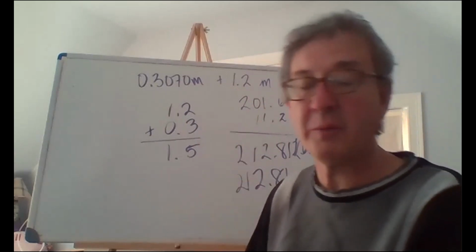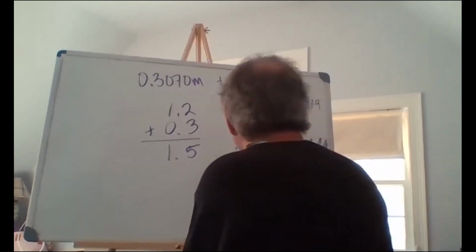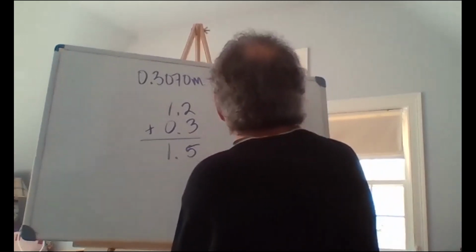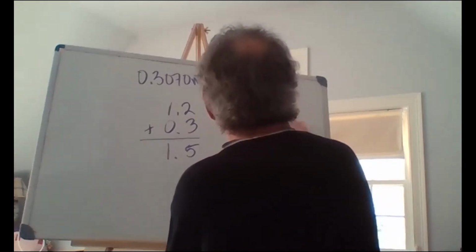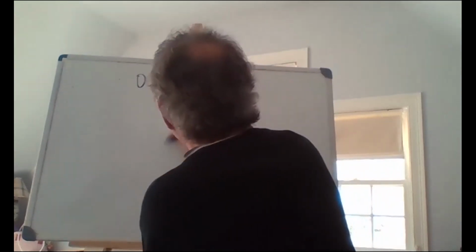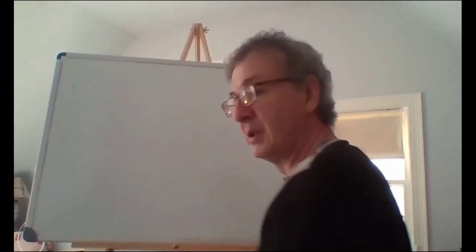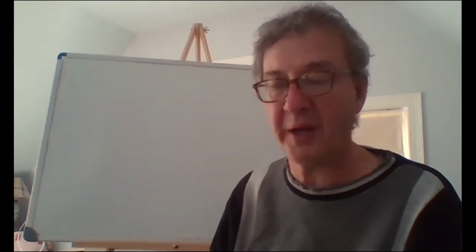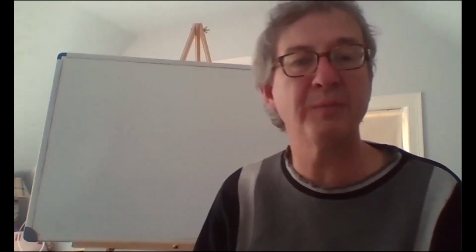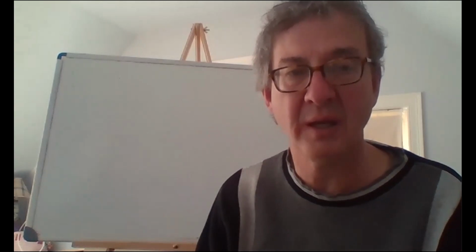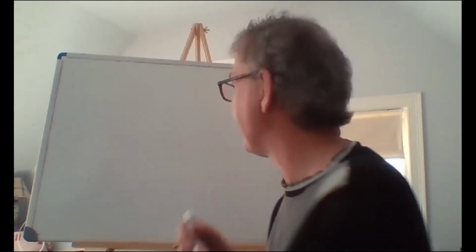Now it's easier when you multiply or divide. And this is nice because when you multiply or divide, the rules make sense. The rule is you can only have as many significant figures as your least number of significant figures, right?